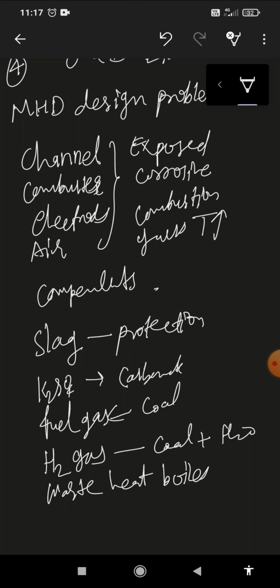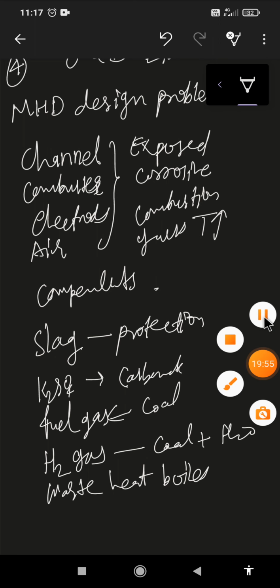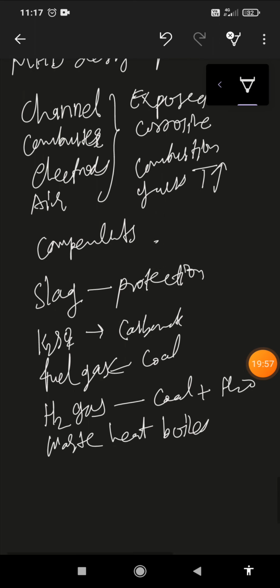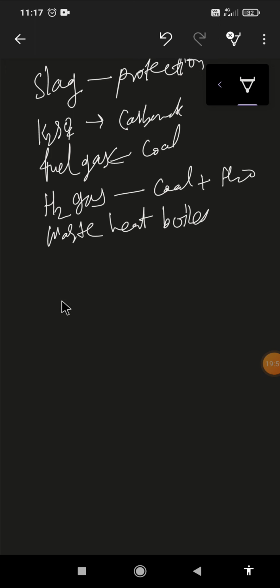The power output of an MHD generator is theoretically proportional to the square of the magnetic field. So P is proportional to B square. Hence a strong magnetic field is desired.